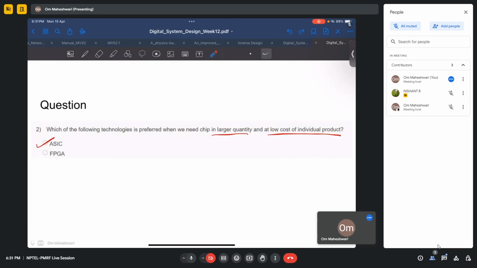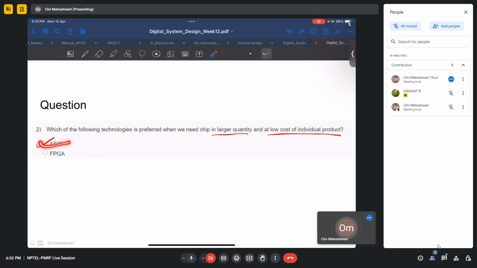A chip that is going into a mobile phone, maybe a Snapdragon chip or some other chip, millions of the same mobile phones are made together. So when the manufacturing is done in large quantity, to lower the cost of the individual product, we do ASIC design.